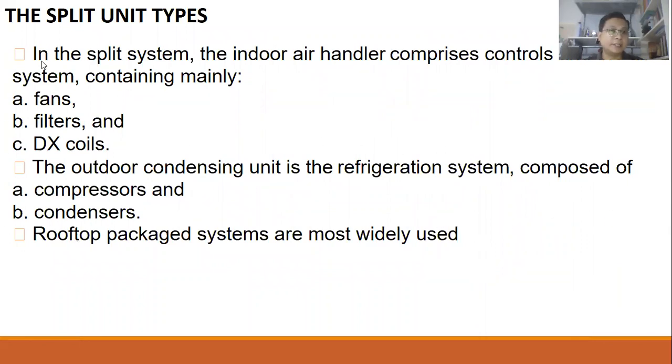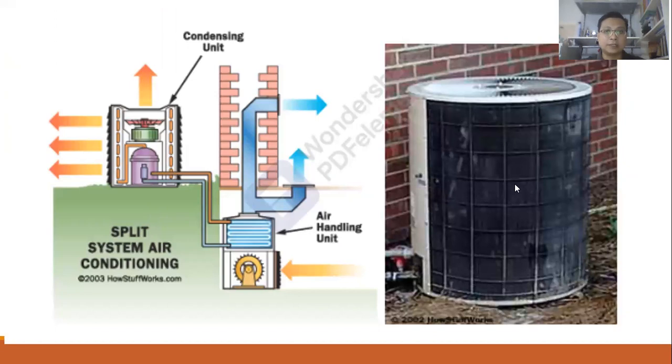So we can see what the components are, separately positioned in the split unit. We can use this type. So maybe this size is bigger. This is also for outside.